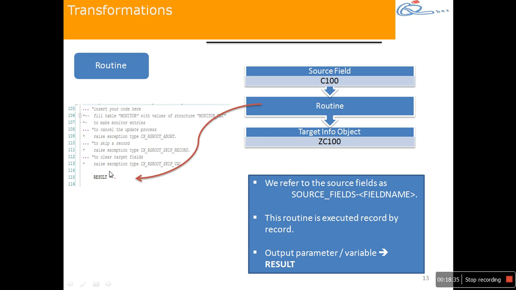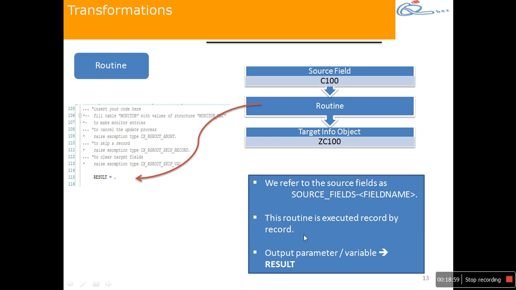Now code like this: take the source field, prefix Z, and then the result in my target InfoObject will get Z. Whatever value you assign to result, the same thing will get to the target. Okay, boss? We don't worry on this point now, we'll come to that. This routine is executed record by record.